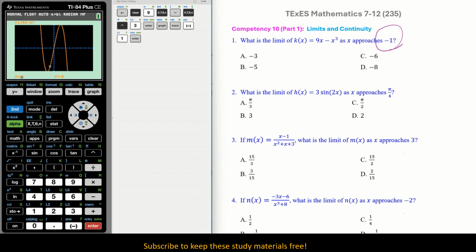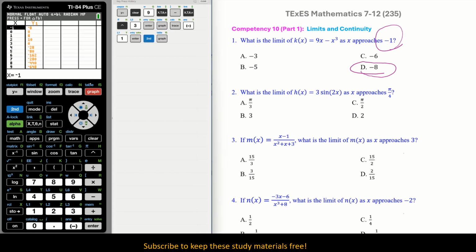Now look at what it does for us. It automatically says -8. Now let's go to second graph. That gets us our table. Scoot over and it says again -8. So you always need to remember there are two ways to go with this, and that's very evident in the next one.